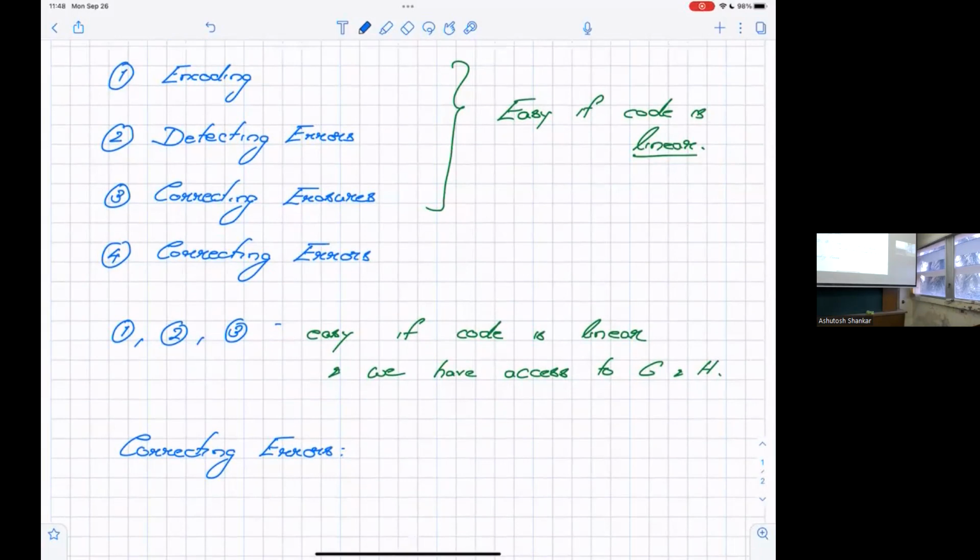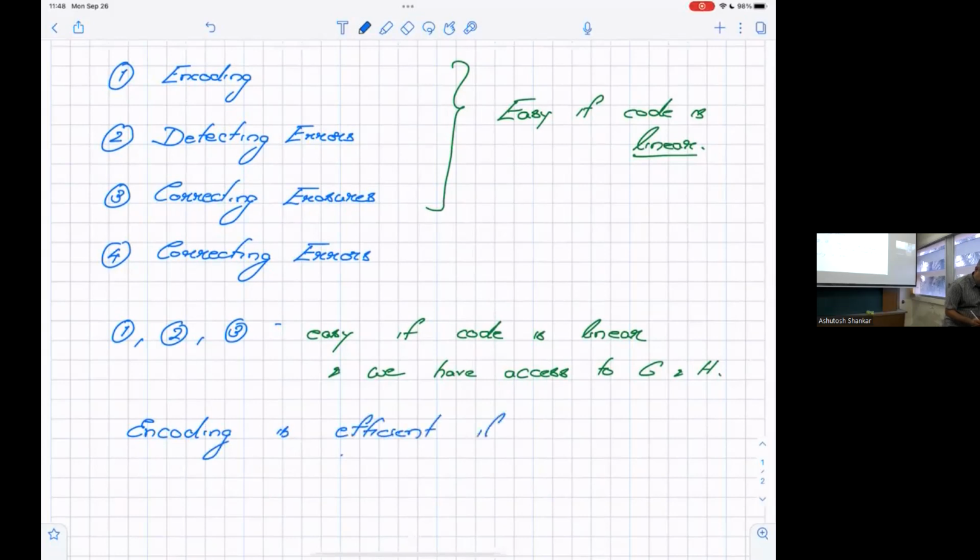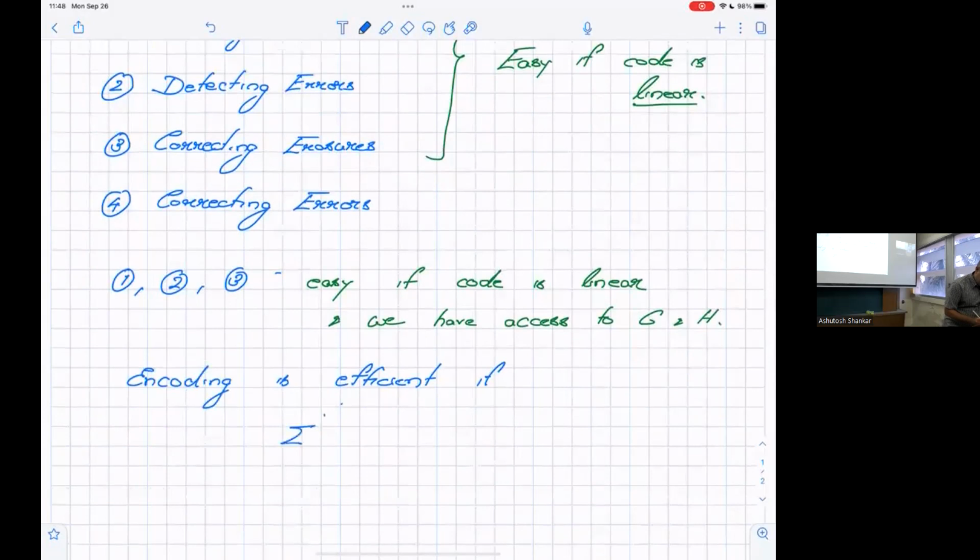So in general, encoding is efficient if you have an algorithm which can map sigma to the k to sigma to the n efficiently.